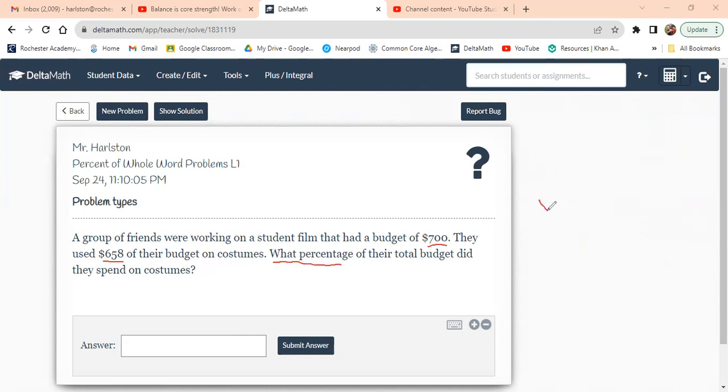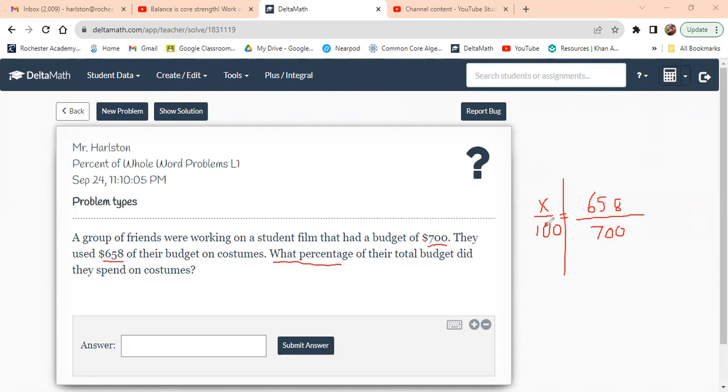So once you see that, you know it's going to be what, which is X, over percentage, which is 100. Okay, so we got that part. And the is part is what they spent on the costumes. So that was 658. And now we want to know what percent of the total budget, which was 700.